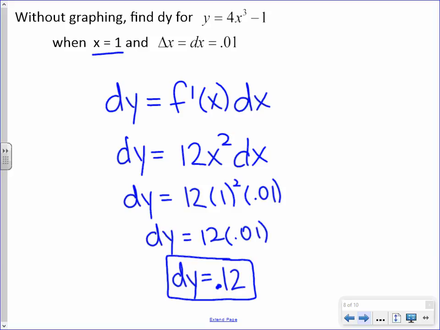Okay. At your pod, talk about what this tells us. What does dy tell us about the graph? 1, 2, 3, go.